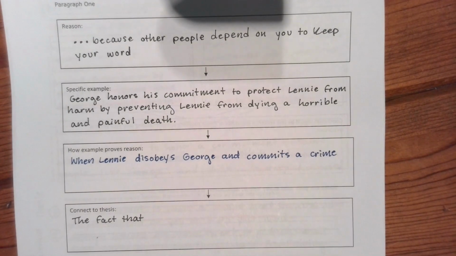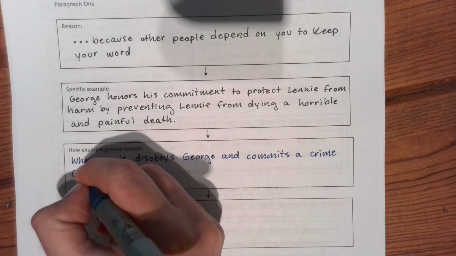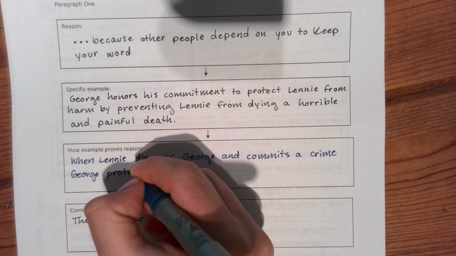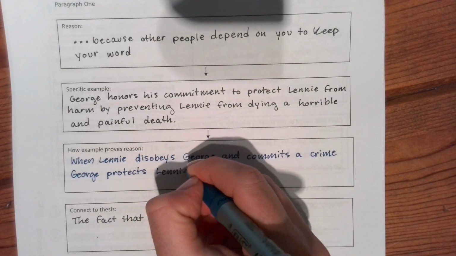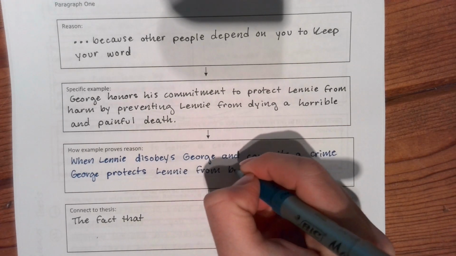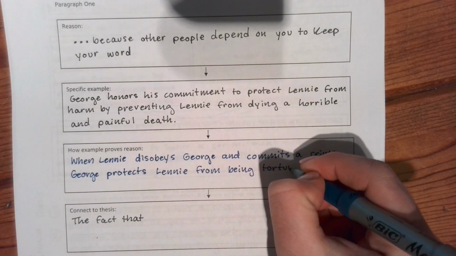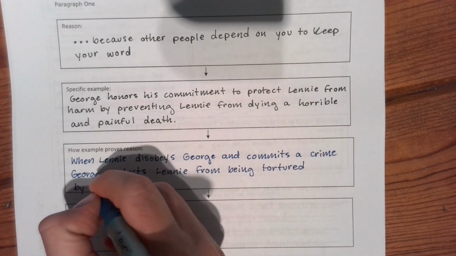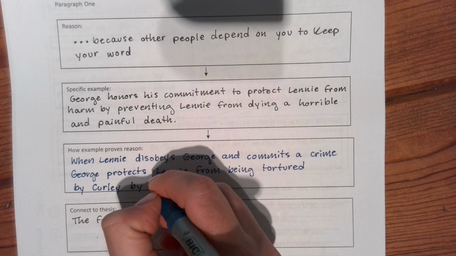So when Lenny disobeys George and commits a crime, George protects Lenny from being tortured by Curly by ending Lenny's life.